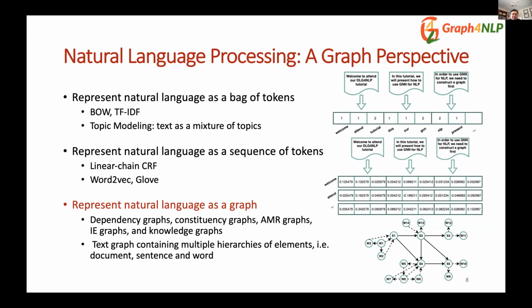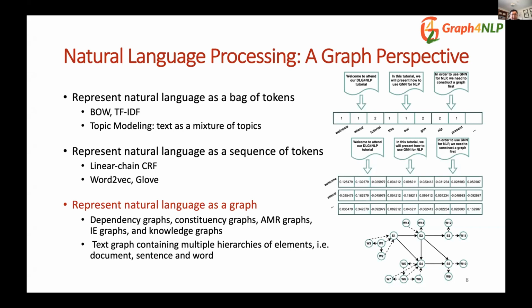Here the most well-known example is king minus man plus woman equals queen. This is one of the very famous examples people have been using with the word2vec technique. And the third way to represent natural language is as a graph, right?